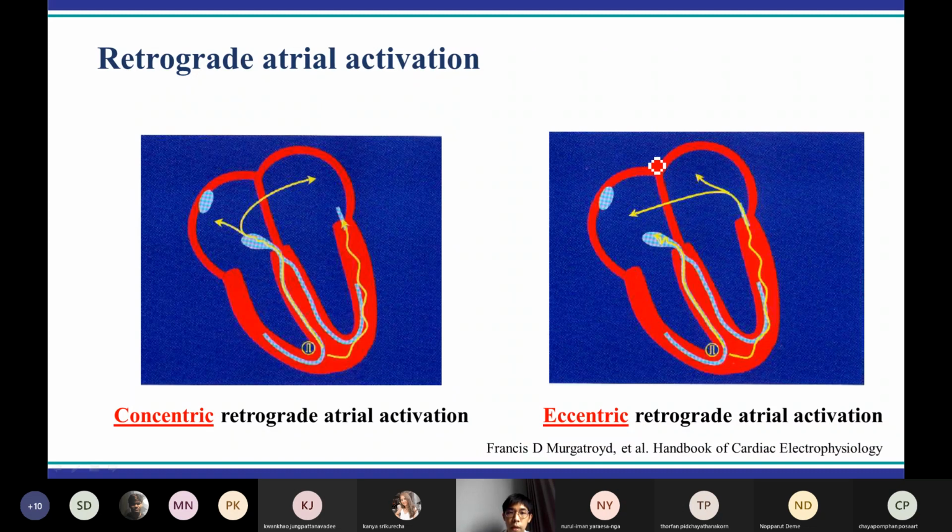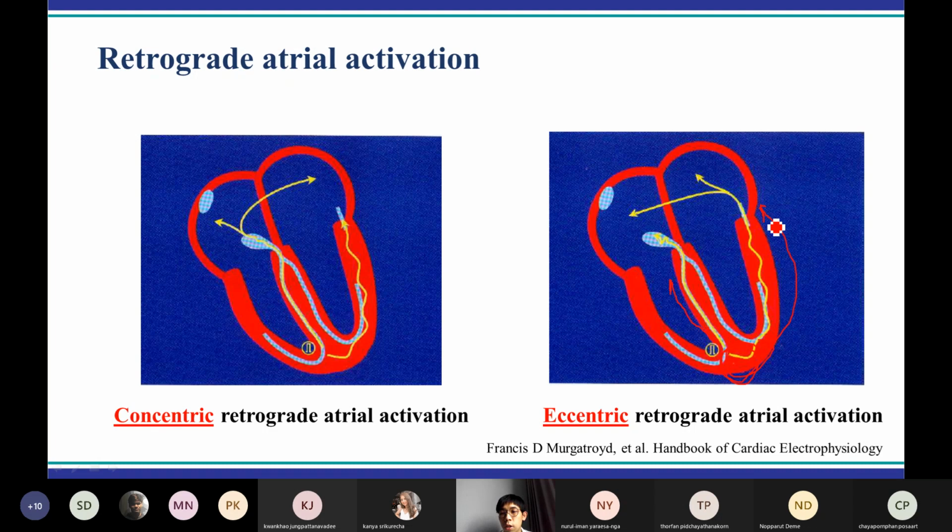Because when you have an accessory pathway, the accessory pathway could conduct retrograde into the atria. So here, when you pace from here, the signal could go up both this direction and this direction. But as you know before, the accessory pathway does not have any decremental property.